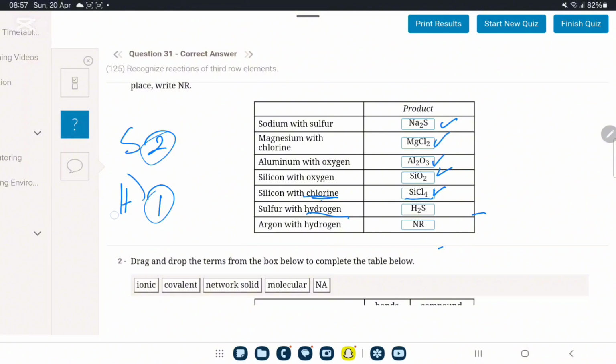So we need 2 hydrogens because each one can only share 1, and we need 2 electrons. So it's H2S. Most of the time when it's non-metal and non-metal, so covalent bond, H comes first. And then last one, argon with hydrogen. Argon is a noble gas, so no reaction.